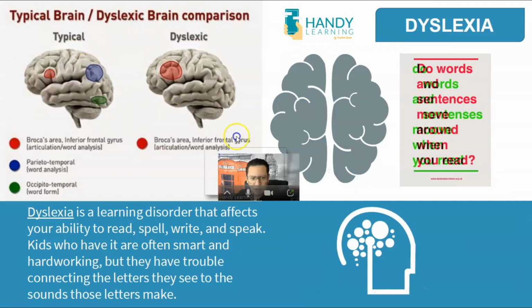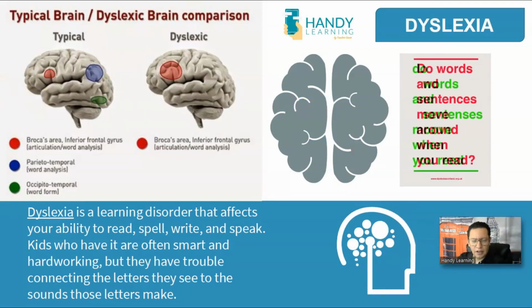The first one here is dyslexia. Okay, this is the most common learning disorder that we can find, and it is basically a disorder that affects the ability of students to read, spell, write, and speak. Kids who have this disorder are often smart and really hardworking, but they have trouble connecting the letters they see to the sounds that those letters represent.